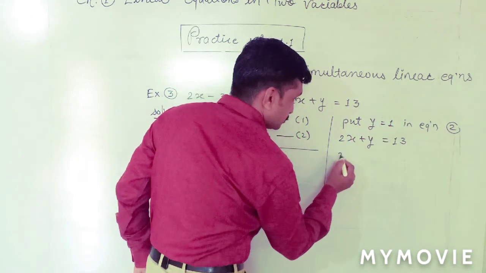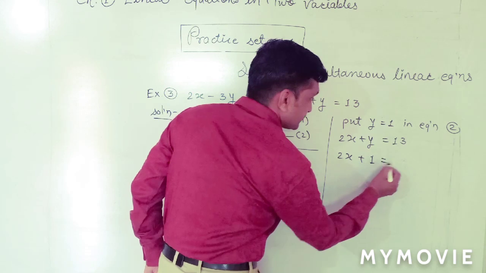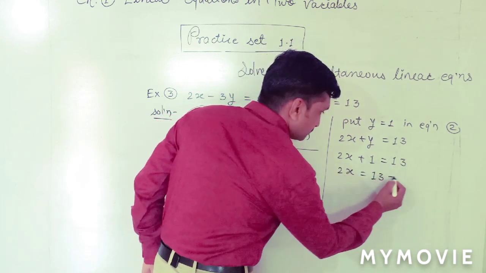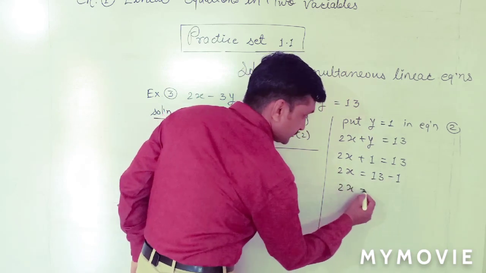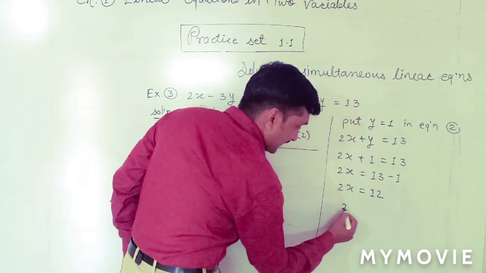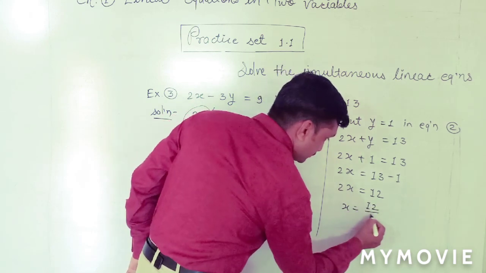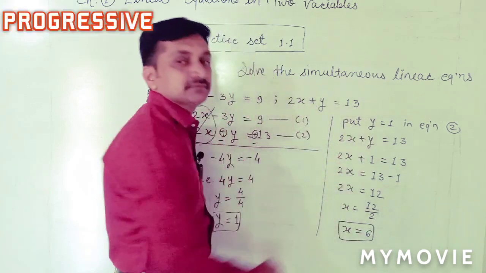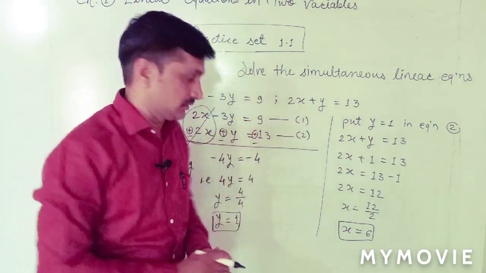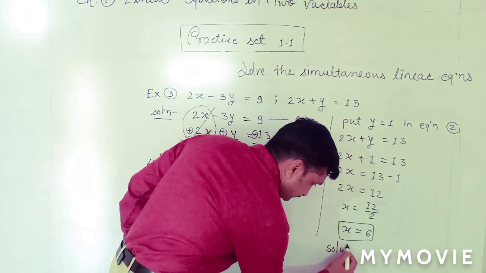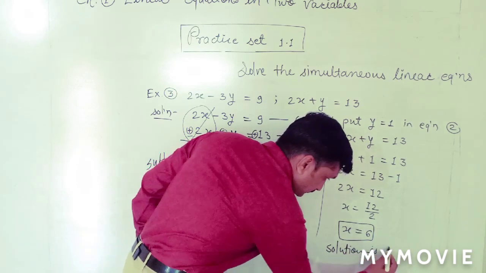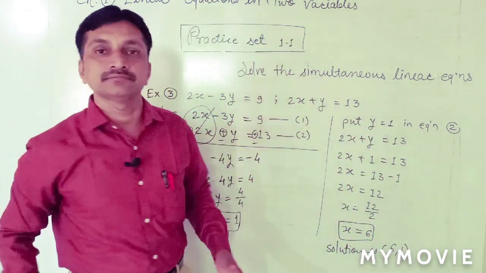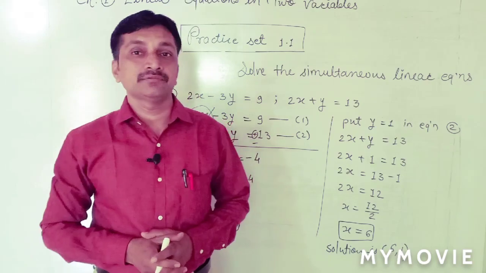Put this value here: 2x plus 1 is equal to 13. 2x is equal to 13 minus 1. 2x is equal to 12. x is equal to 12 divided by 2. x is equal to 6. This is the value of the second variable, and therefore the solution is (6, 1). That is the solution of this example.